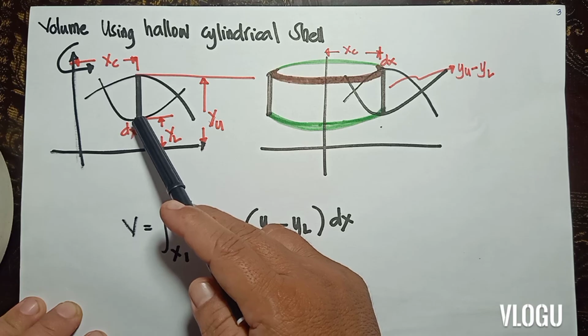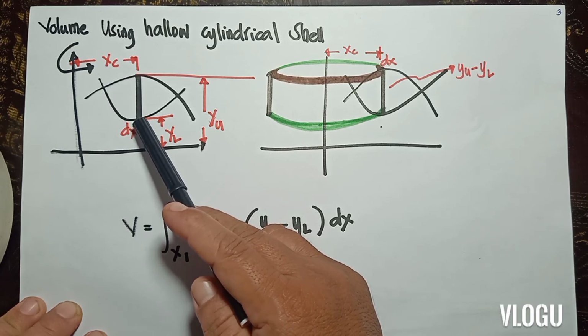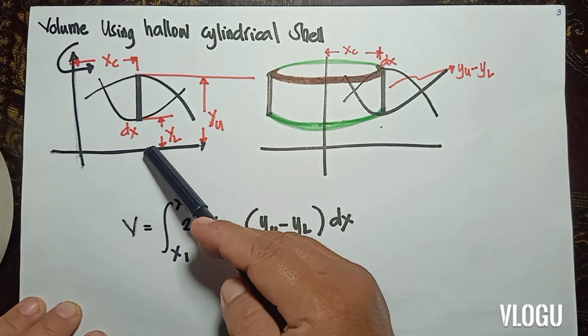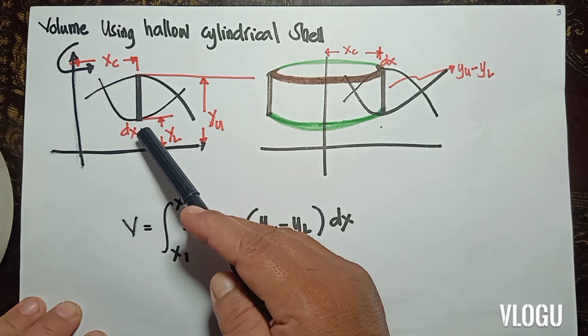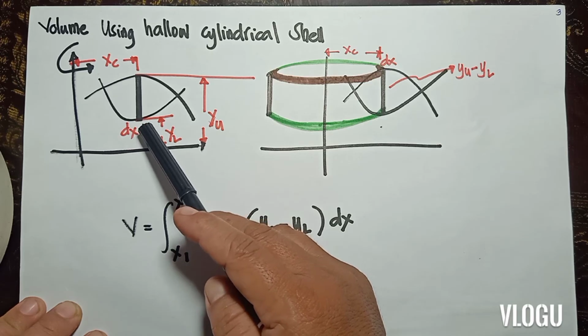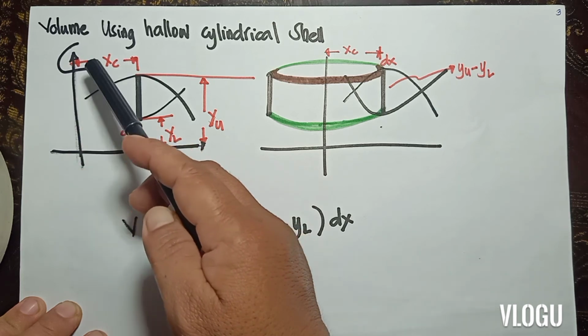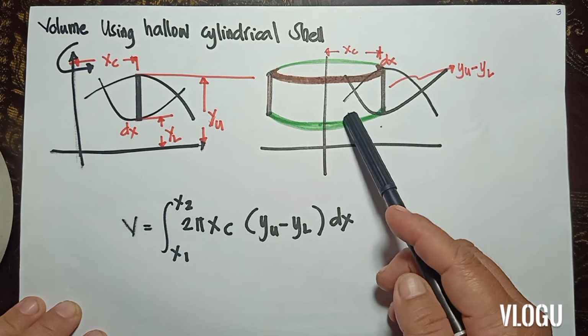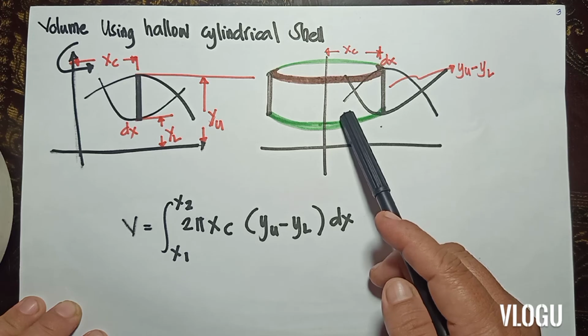If we revolve this about the x-axis, we can form a disc. But if we revolve this one about the y-axis, we can form a cylindrical shell.